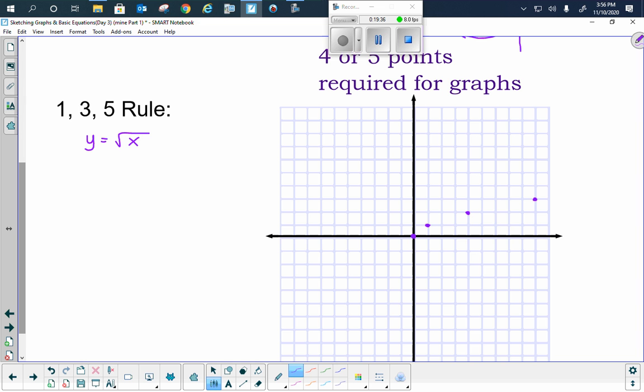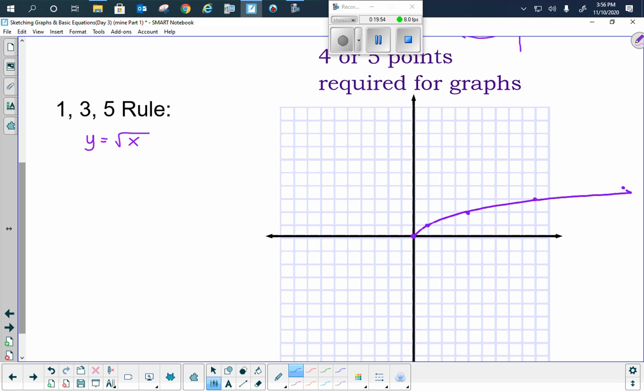Okay. The next easiest one to plug in would be what? 16. Square root of 16 would be 4. So again, you could have that one off the graph and just have it labeled. So anyway, here you go. Nice smooth curve.